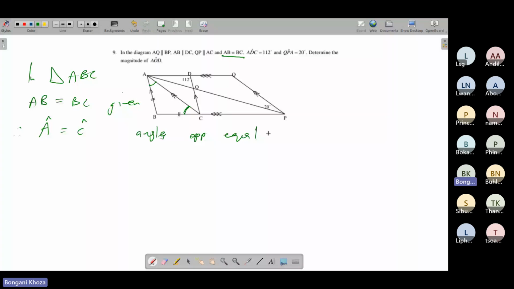So we have those, and then we can move on and say if we add angle A plus angle B plus angle C, we'll get 180 degrees. This will be the sum of interior angles of a triangle, right?